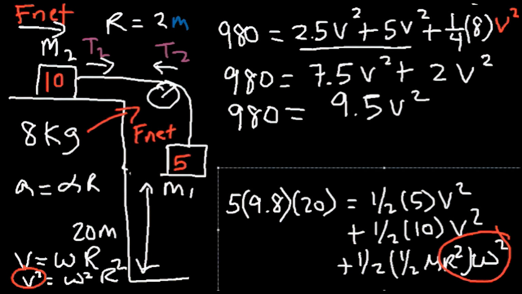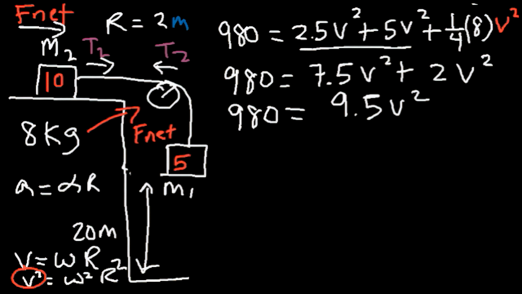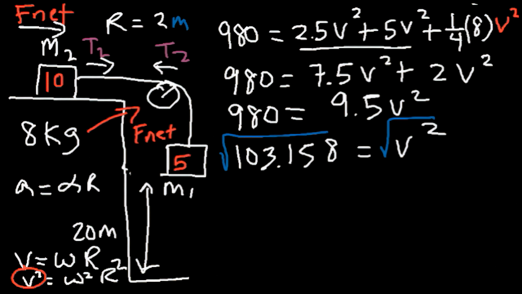So now let's divide both sides by 9.5. So 980 over 9.5 is about 103.158. So that's equal to v squared. So we need to take the square root of both sides.